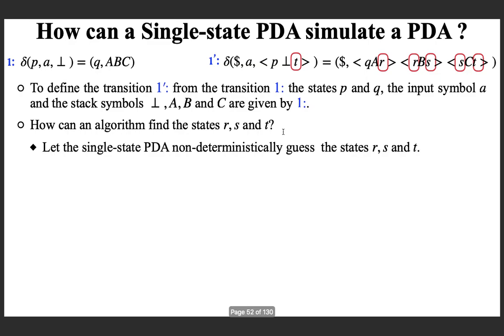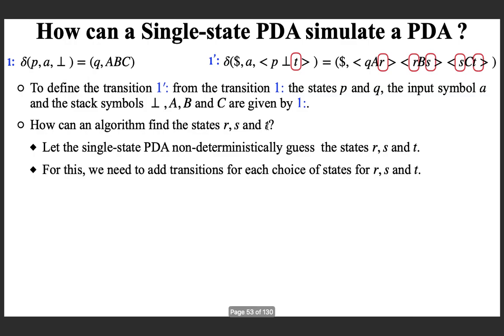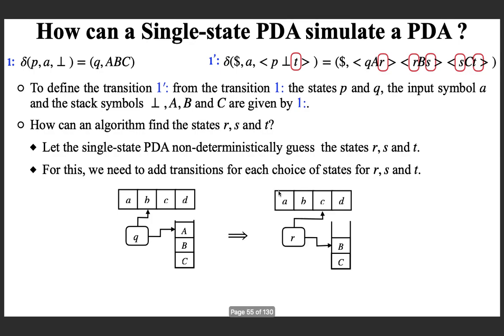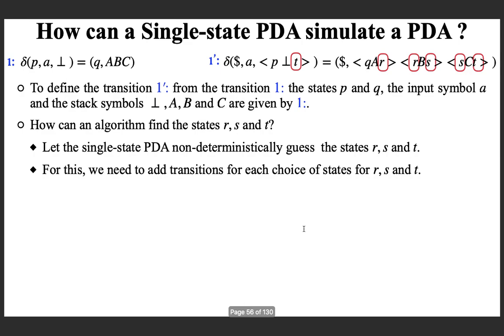So what we are saying is, let the single state PDA non-deterministically guess the states R, S and T. So you have to add transitions for every possibility of R, S and T. Now, look at this configuration, and suppose it happens like this.